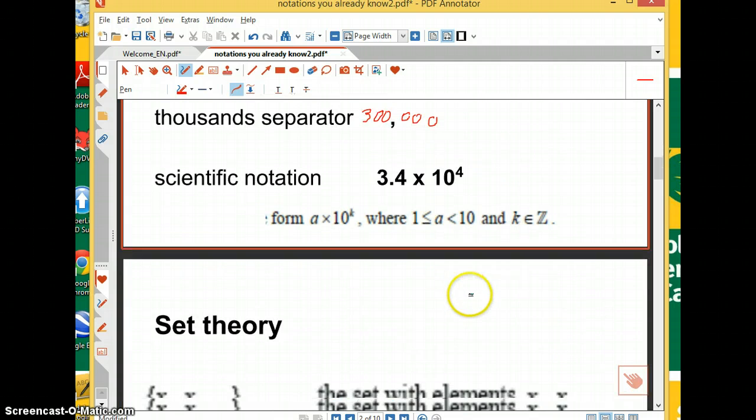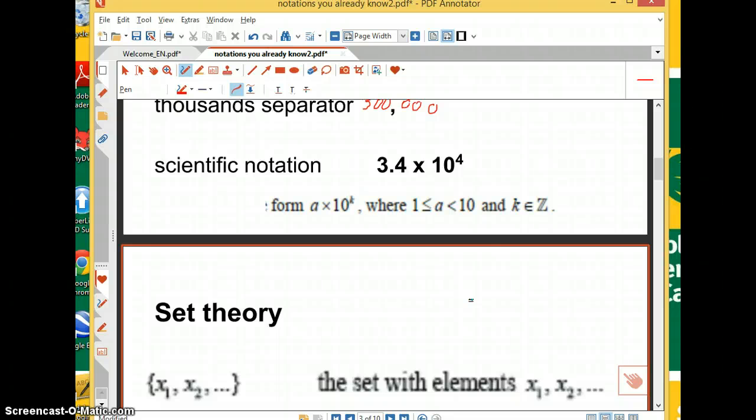Scientific notation. I'm just going to talk about the notation here, not how you use it. There's always the beginning here, which is a number between 1 and 10. Not anything less than 10: it's less than 10 and greater than or equal to 1. So you could have 1.01, you could have 1. Can you have 10.3?